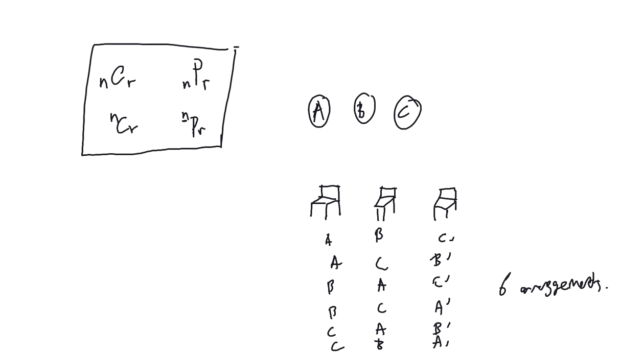Or simply, for the first chair you have three choices: A, B, C. So altogether three choices.